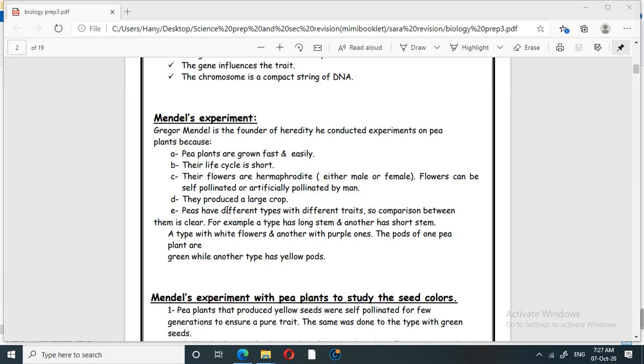Letter D, from the characters of the pea plant: they reproduce a large crop, a large number of crop at any time. Peas have different types of traits called allelomorphic traits. This new expression means the pea plant has several traits different from each other, like tallness. We have tall stem pea plants and short stem pea plants.